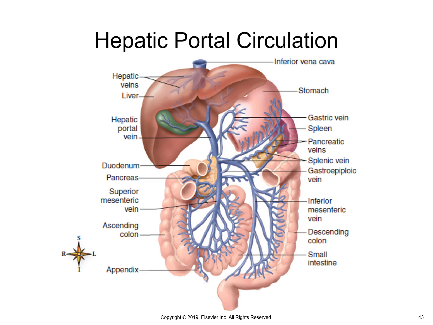So the major veins that contribute to the hepatic portal circulation are the hepatic portal vein, which is basically the primary vessel that's responsible for transporting blood from our abdominal organs to the liver. It's formed by the union of what we call the superior mesenteric vein and also the splenic vein. So both of those form the hepatic portal vein.